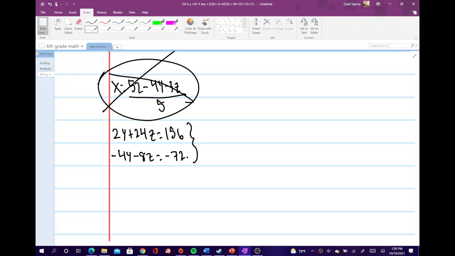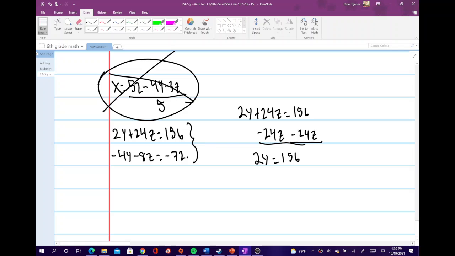So we're gonna go ahead and solve for one of the variables. So if we have 2y plus 24z equals 156, we basically subtract 24z on both sides, right? We have 2y equals 156 minus 24z.